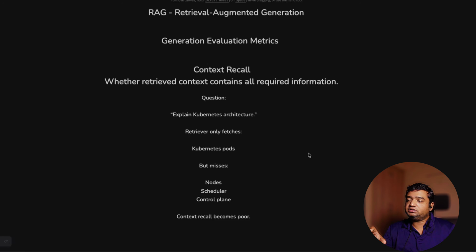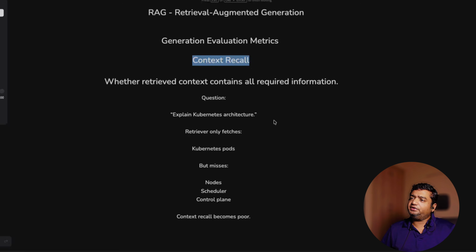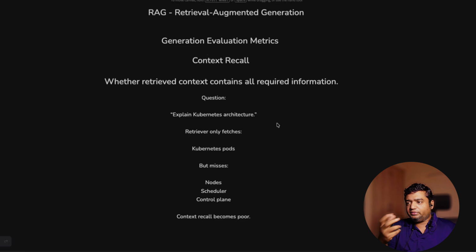Now another metric is context recall. Context recall means whether the retrieved context contains all the required information. The information is retrieved and it is correct, but does it satisfy all aspects of your question? For example, the question is explain Kubernetes architecture, and the retrieved information only fetches something about the Kubernetes pod, not the full Kubernetes architecture.